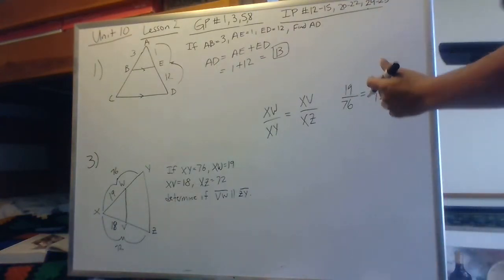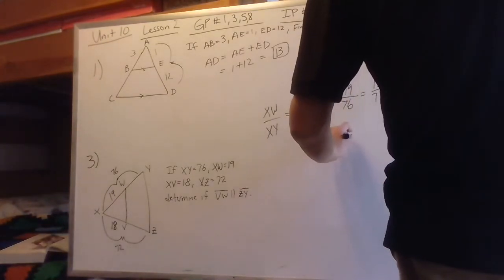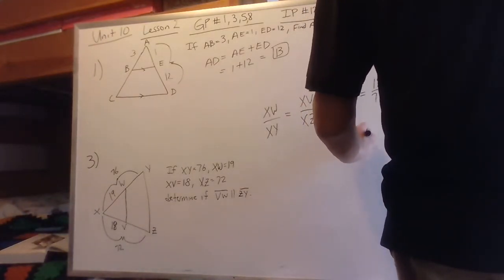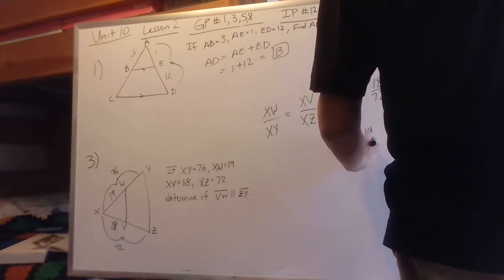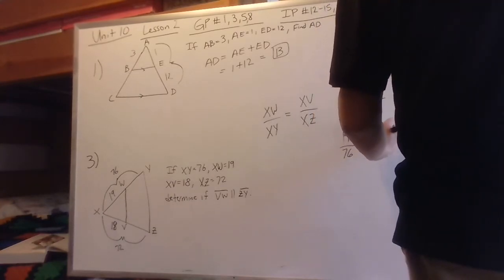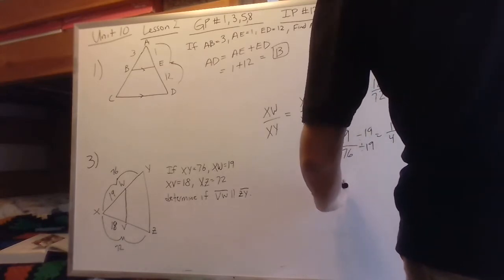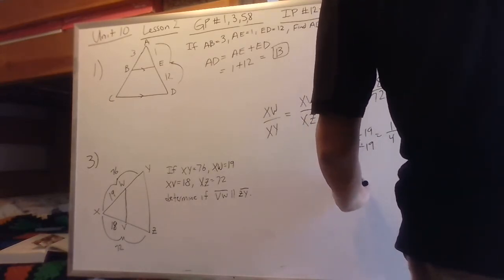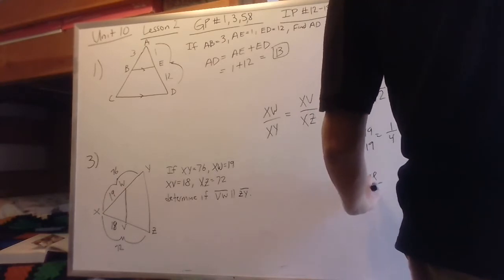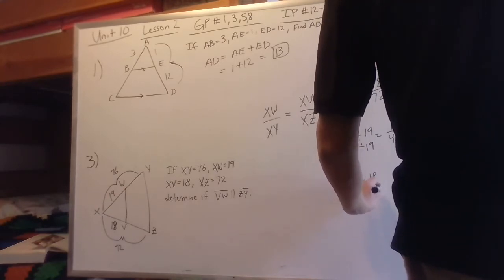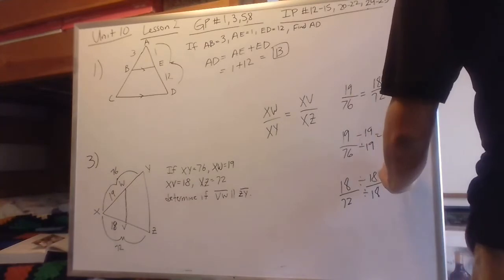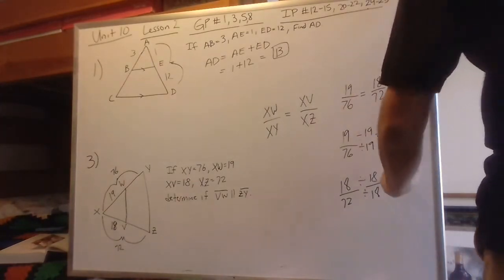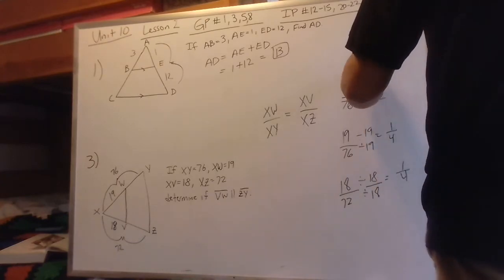And it does. So for this problem, we can divide the numerator and the denominator by 19, and we're going to get 1/4. So then let's look for 18 over 72 if we're going to get 1/4. So let's divide both sides by 18, and that's going to give us 1. 72 divided by 18 is 4. So these actually equal each other.